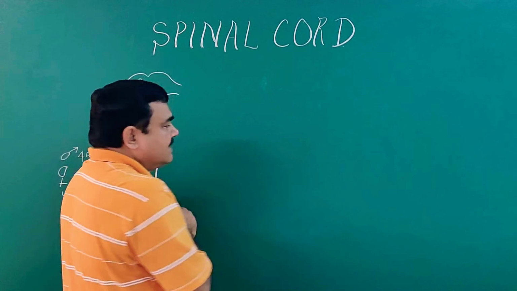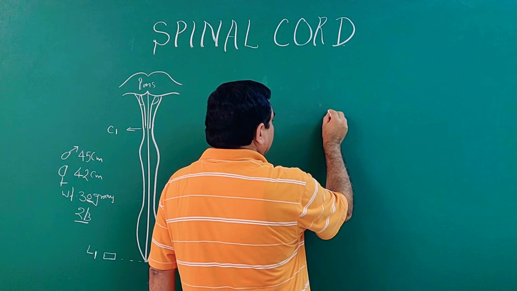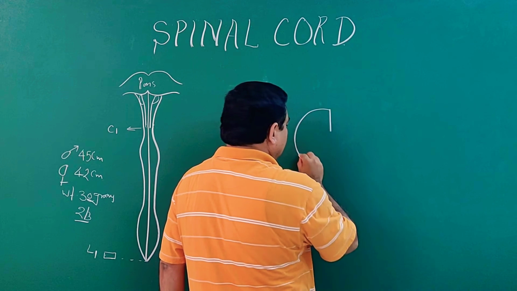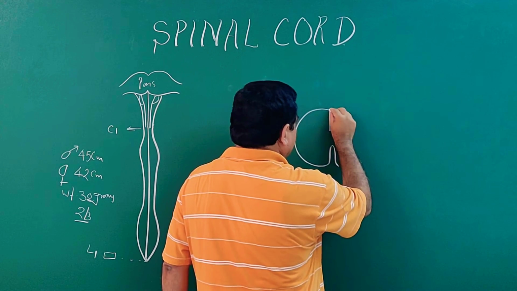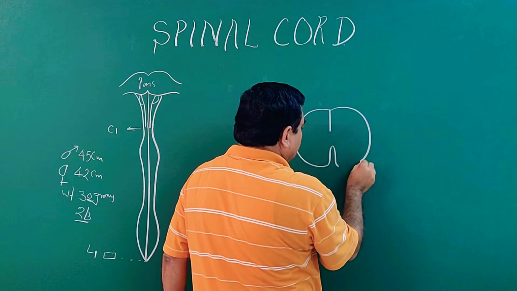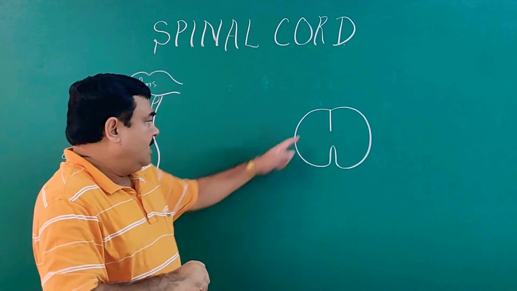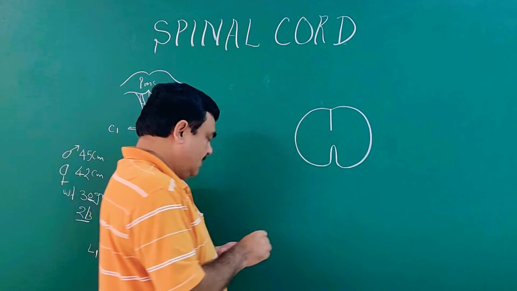If you look at the transverse section of the spinal cord, it is an elongated cylindrical structure.